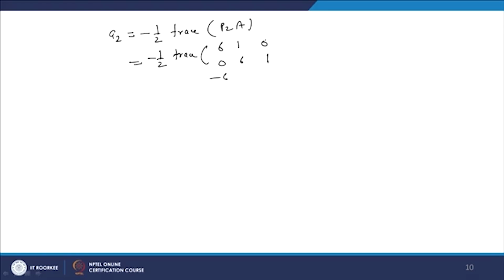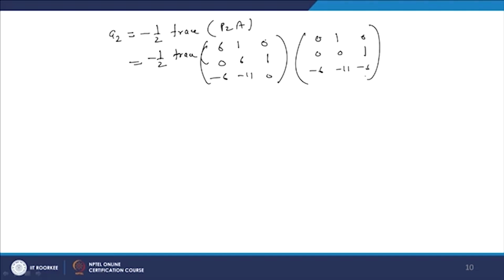Now we want A2. A2 equals minus 1 by 2 trace of P2 into A. If you multiply it, we get minus 1 by 2 trace of [6 1 0; 0 6 1; minus 6 minus 11 0] multiplied by A, which is [0 1 0; 0 0 1; minus 6 minus 11 minus 6].